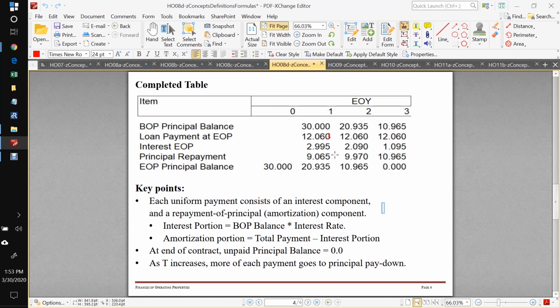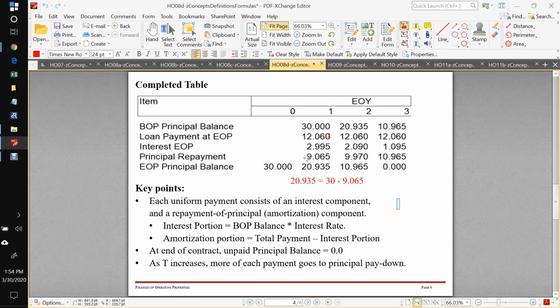And we just keep going that way. Then the end of principal balance here is our 20.935, which is equal to our 30 minus our 9.065. So every payment, the principal balance goes down by the amount of principal repayment.